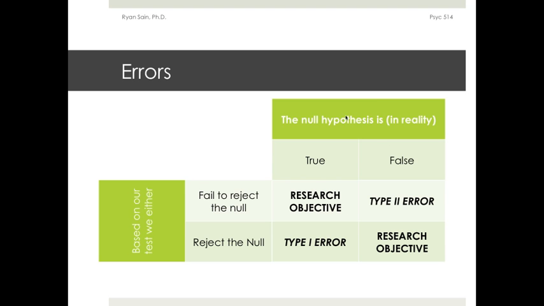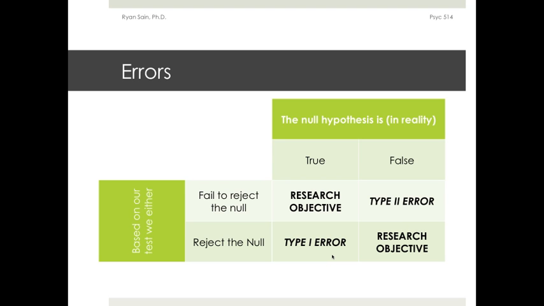If our null hypothesis in reality is false, and there is a difference between the two groups, in other words, the two groups are really from different populations, and we reject the null, we've also achieved our research objective. In other words, we found a difference. Rejecting the null means finding the difference between your groups. So we found the difference between our groups, and in reality there was a difference between our groups, therefore we've achieved our research objective.